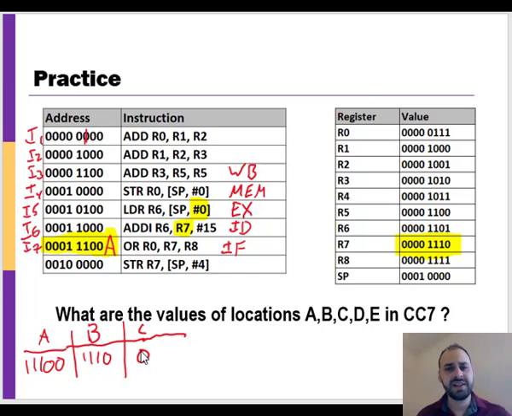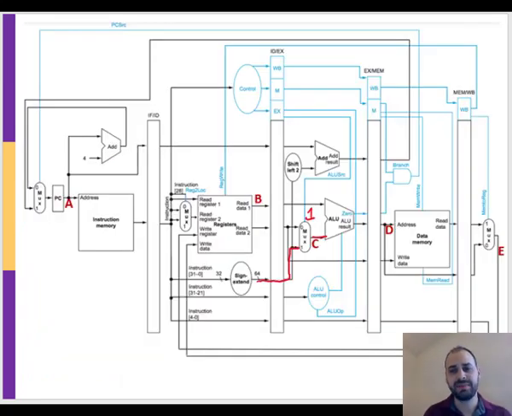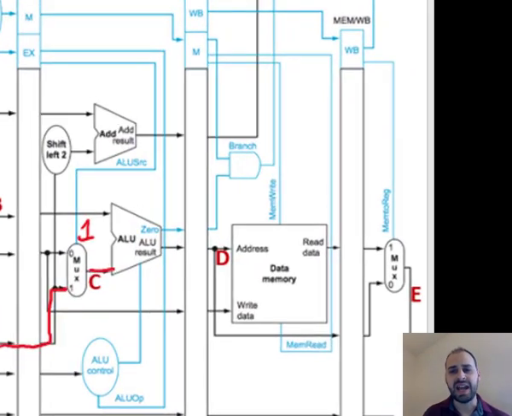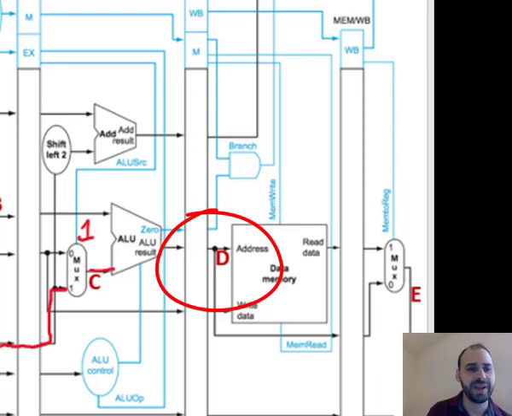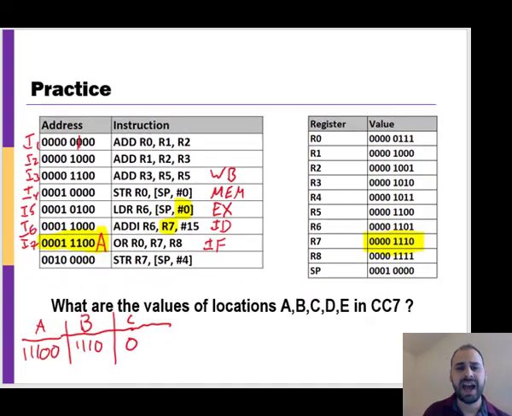Continuing working back up, when we look at the MEM stage, that's location D in our diagram. D is the address that's going into data memory. And the address is, just like we just saw before, the base address plus the offset.